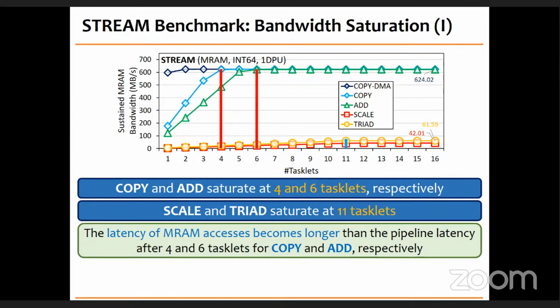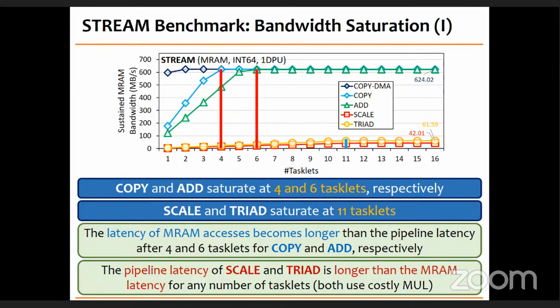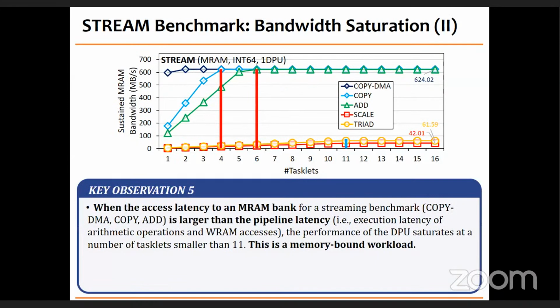And this happens for 4 or 6 tasklets for these 2, or at 11 tasklets for the other 2. That's because for scale and triad, the execution of instructions in the pipeline is always longer than the accesses to MRAM.